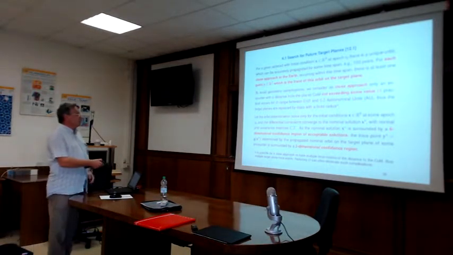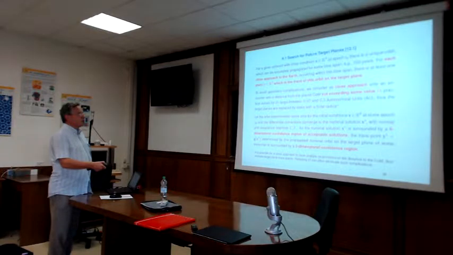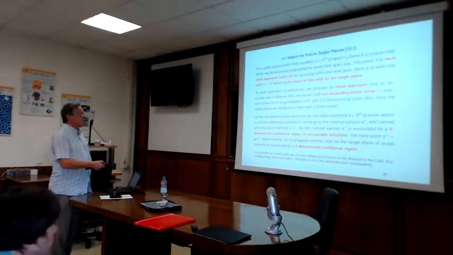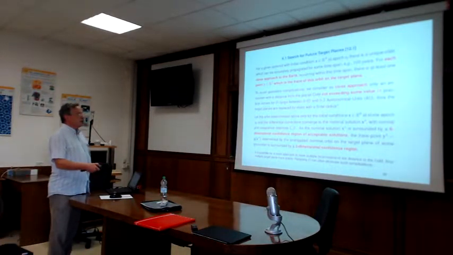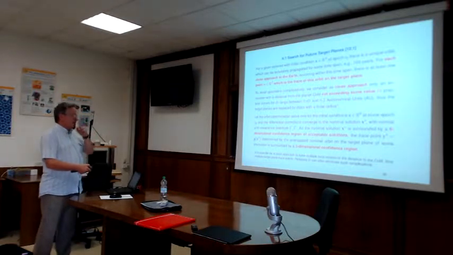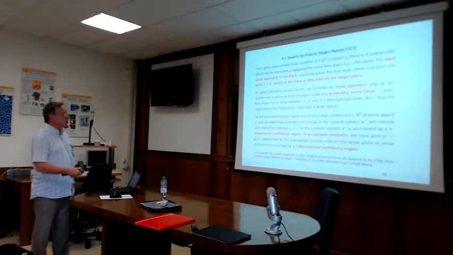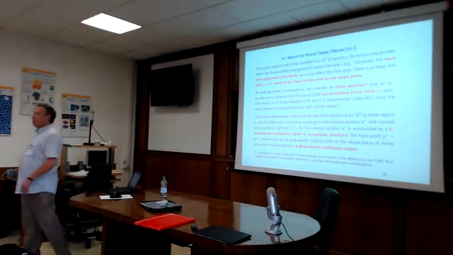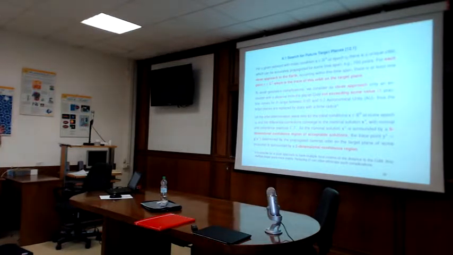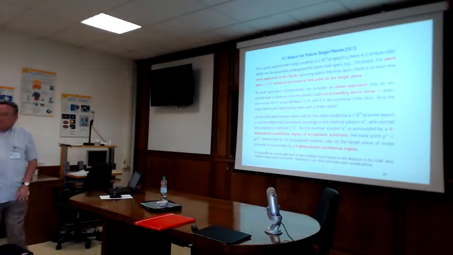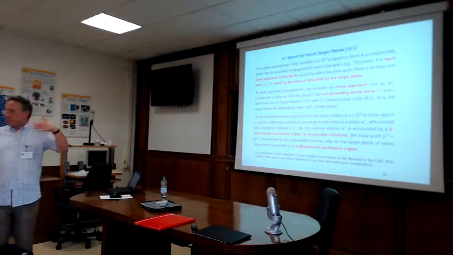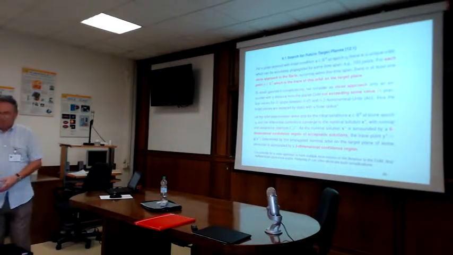Now, let's suppose that the orbit determination solves only for initial condition at some epoch t0. And the differential correction gives us a nominal solution with normal matrix C and covariance matrix Gamma. Then the nominal solution is surrounded, in the optimization interpretation, by a 6-dimensional confidence region of acceptable solutions, or in the probabilistic interpretation by a cloud of probability, in which the nominal solution is just the mode, the point with maximum probability.